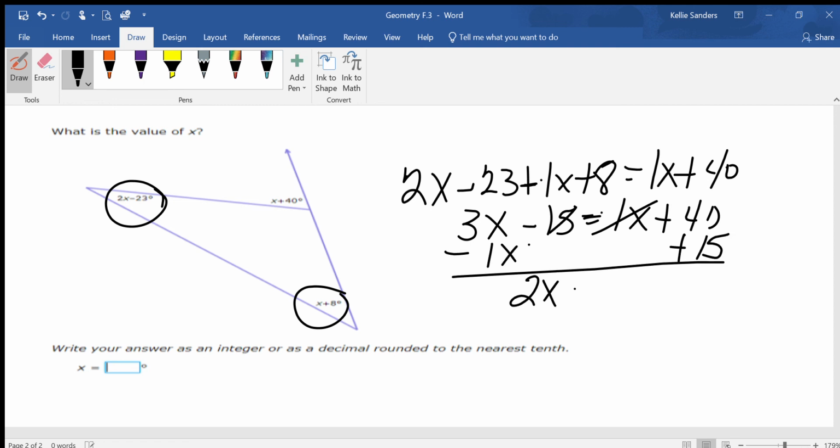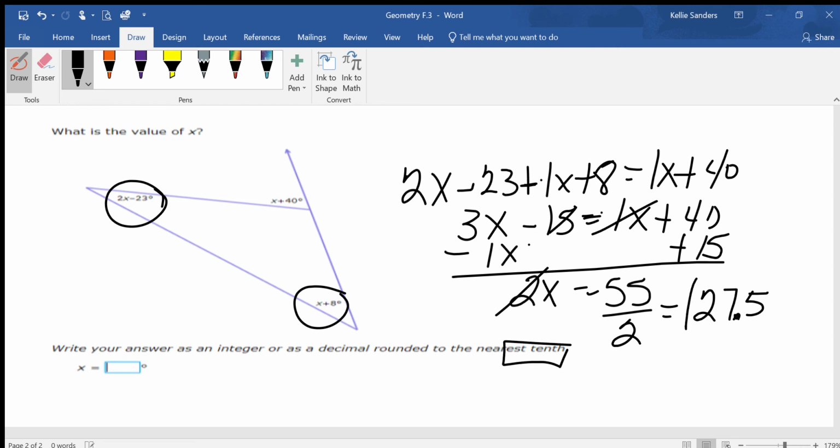Add the 15. 55 divided by 2 is 27.5. Round to the nearest tenth. We really didn't have to round because it was a terminating decimal with a tenth in its place. Okay, so it's 27.5.